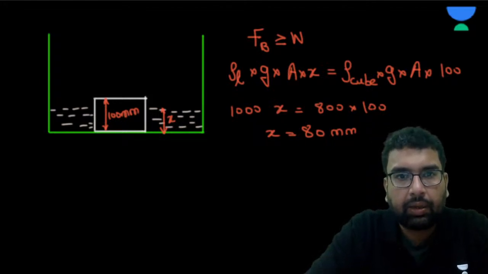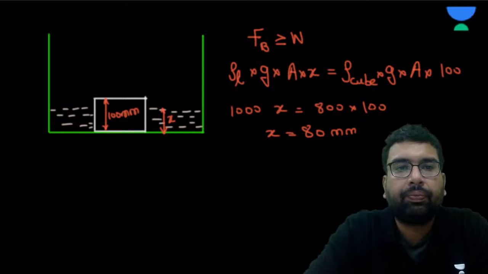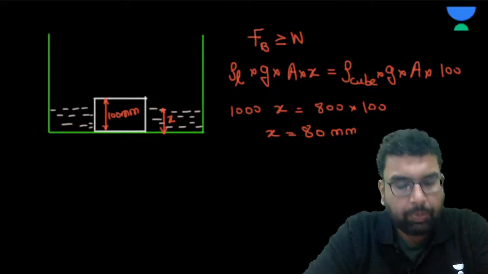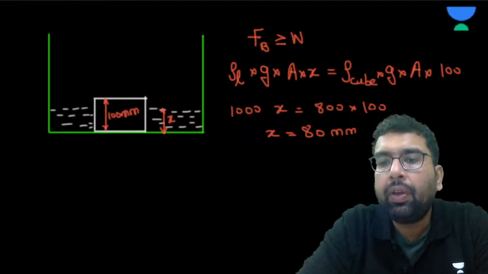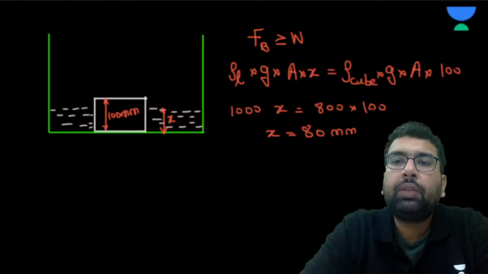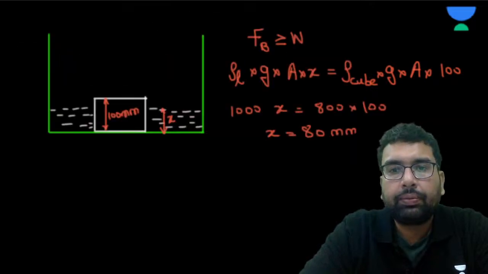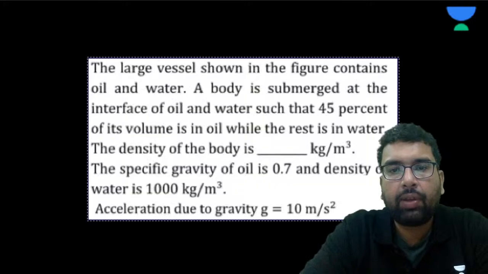Okay, let me give you one more question. Did you understand the concept, beta? How come you are getting 79.5? The other live students also please try answering the question, beta. Okay, let us have one more question.